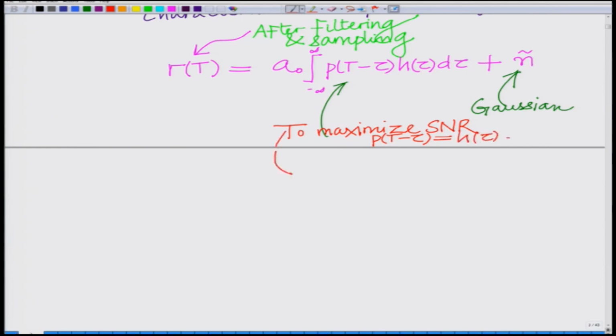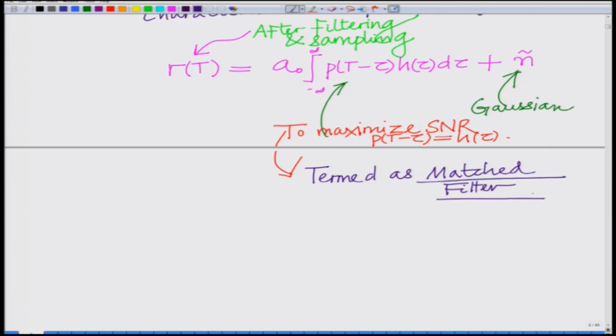This is termed as the matched filter, and this is one of the most important principles in digital communication.